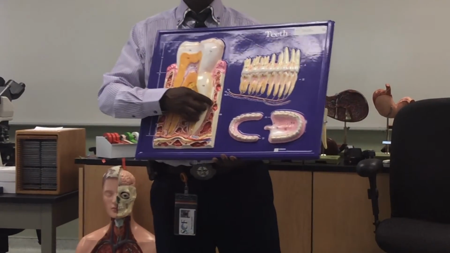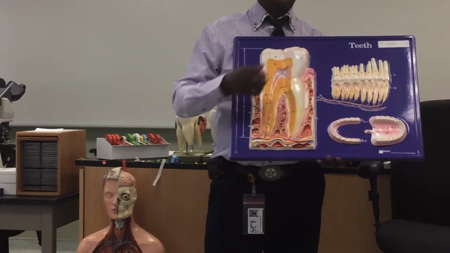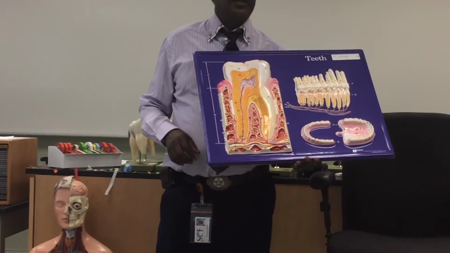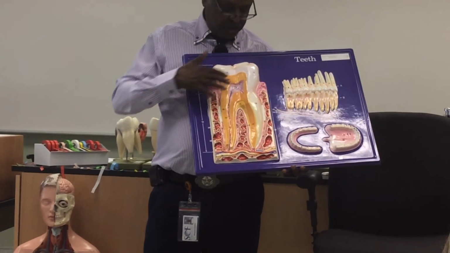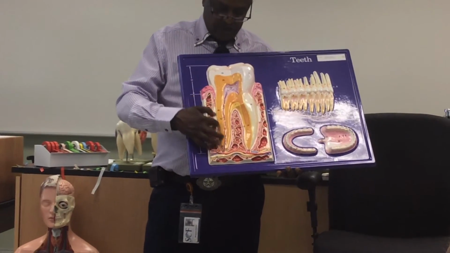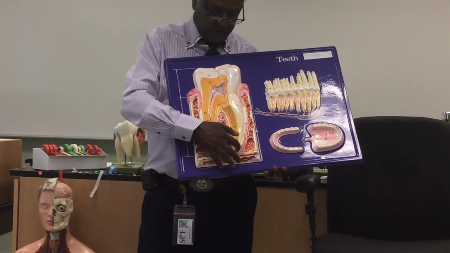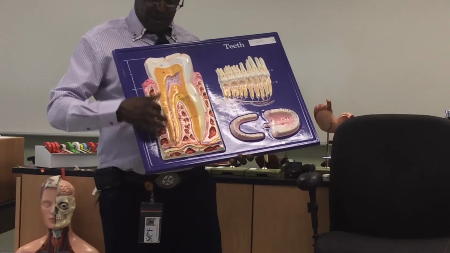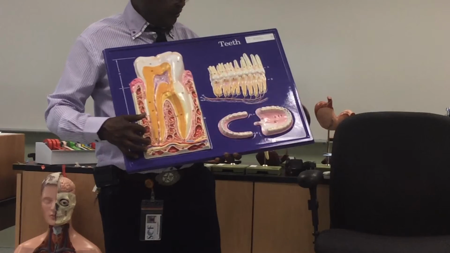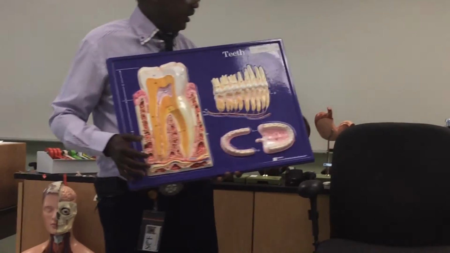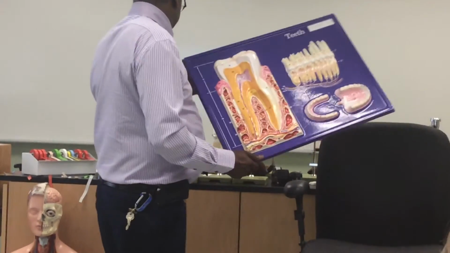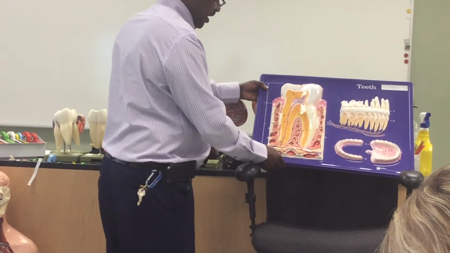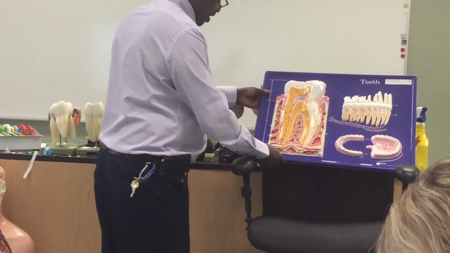It is called the periodontal ligament. So you have the gingiva or gum and the periodontal ligament right here. This is the alveolar bone or the jawbone. And that is about it as far as the teeth are concerned.